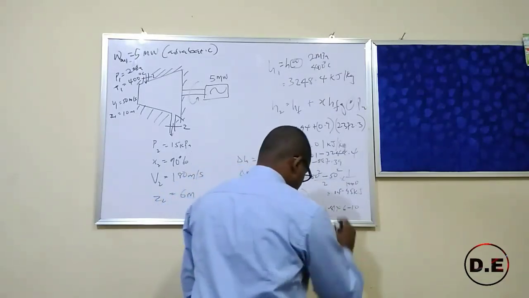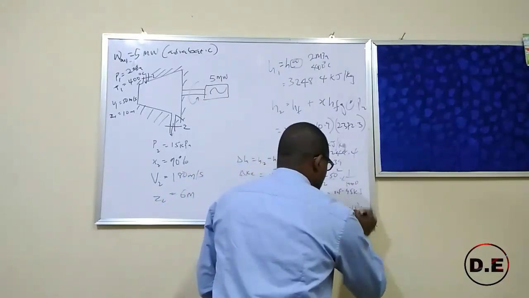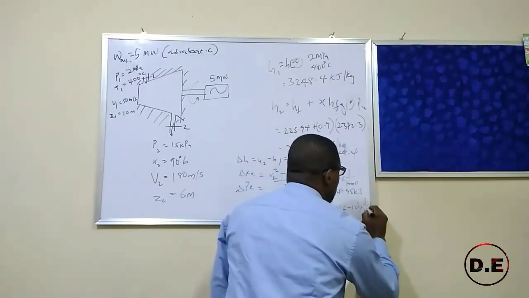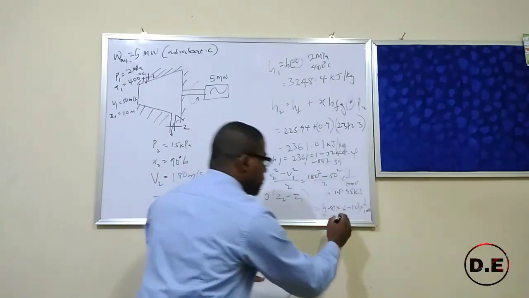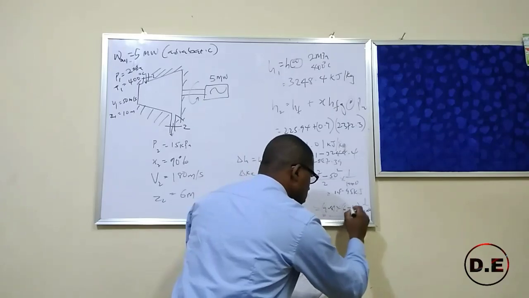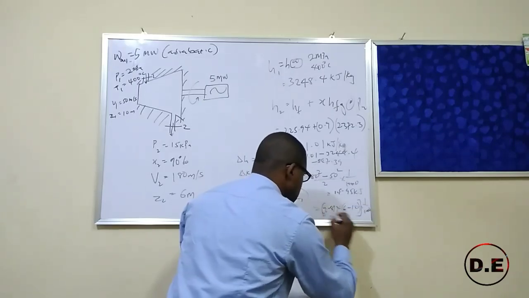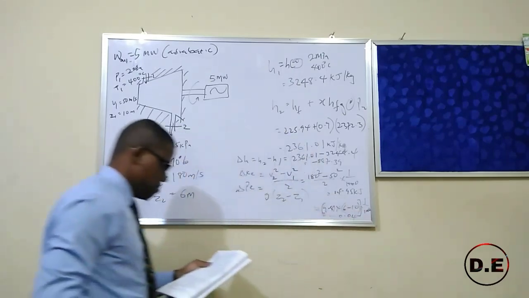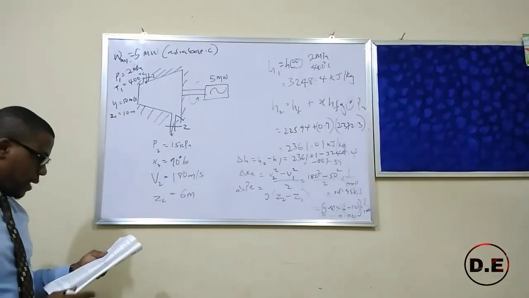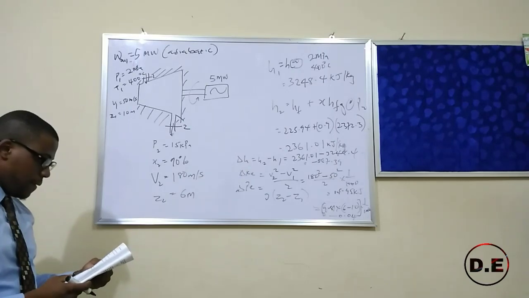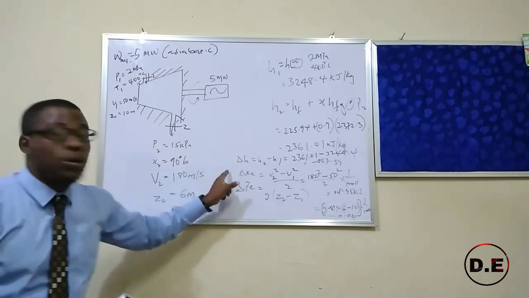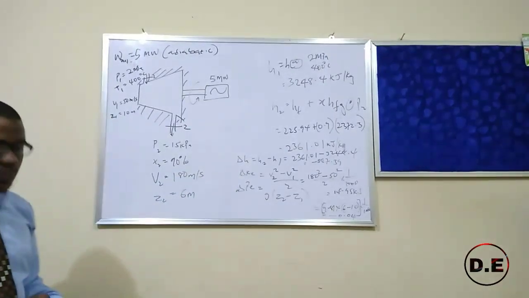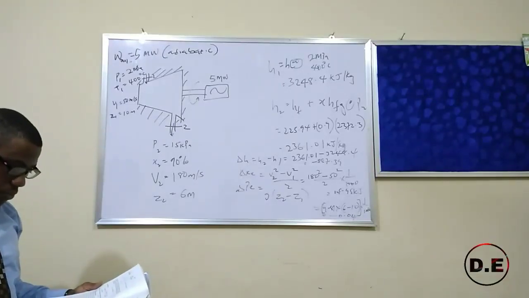I'm going to convert to kilojoules as usual, divided by 1000, and that's minus 0.04. So now, these are the different quantities of energy for that system.